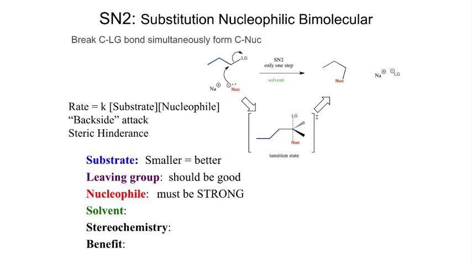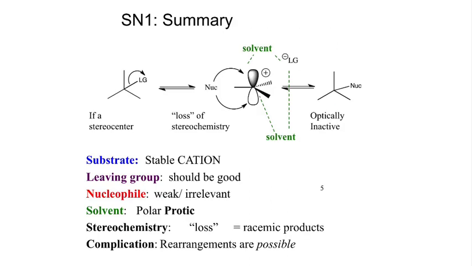Okay? So, the nucleophile needs to be strong. Why does it need to be strong? But for the SN1, it donates electrons too, and I didn't need it to be strong. And in fact, if we revert back to the previous slide for our SN1, it was weak or irrelevant.